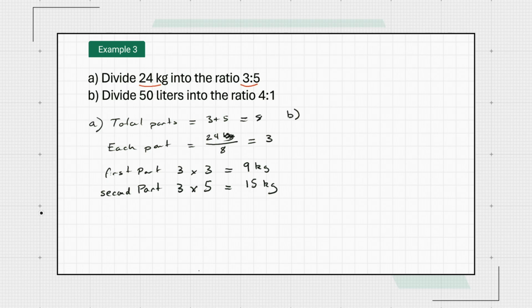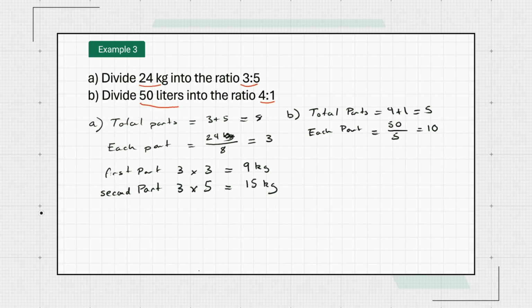If we look at B, we're dividing 50 liters into the ratio 4 to 1. So the number of total parts we have is equal to 4 plus 1, which is just 5. And each part is going to be equal to 50 divided by 5, which is just 10.